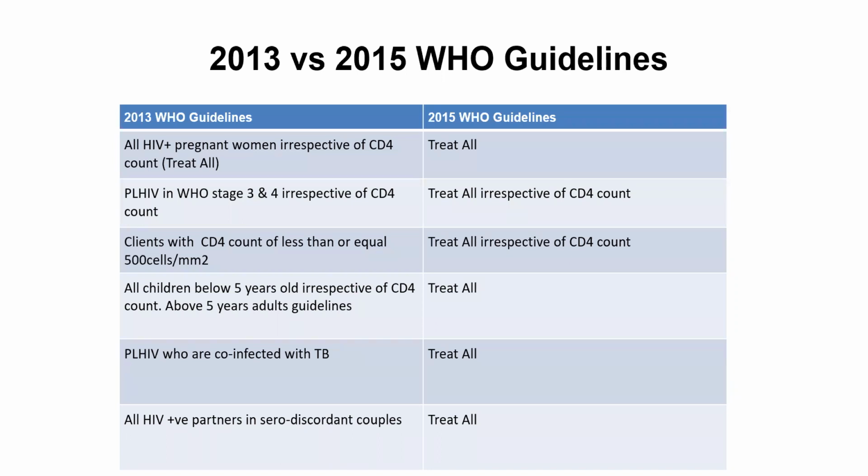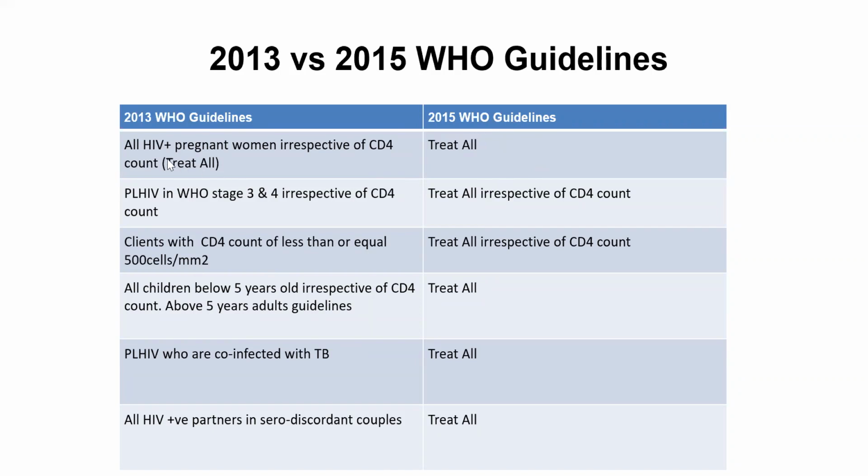Then in terms of the guidelines on when to start treatment, this is an old slide, but we have adopted the 2015 guidelines as a country, where we are now treating everyone, which is treat all, irrespective of their CD4 or clinical stage.